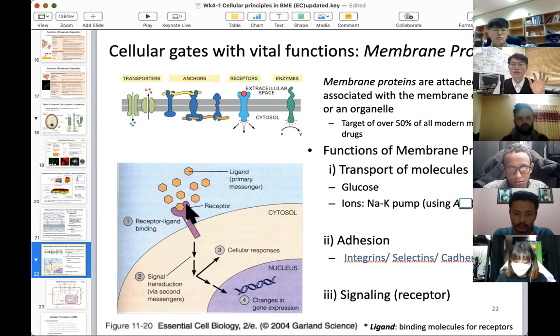And then what it makes is a molecular change, which we call conformational change, and that triggers downstream signaling.